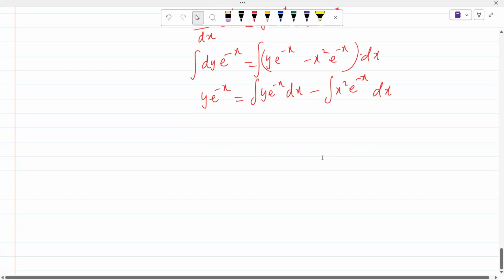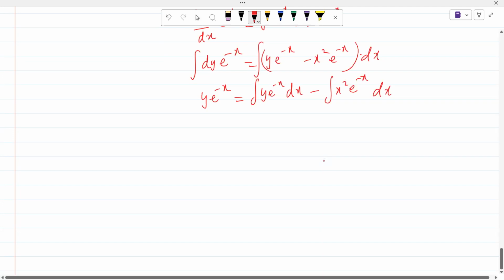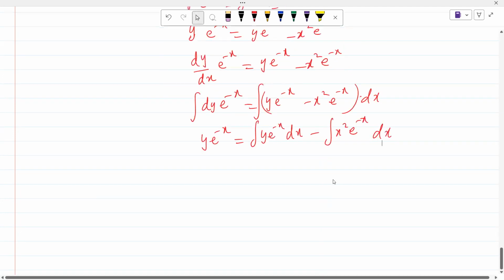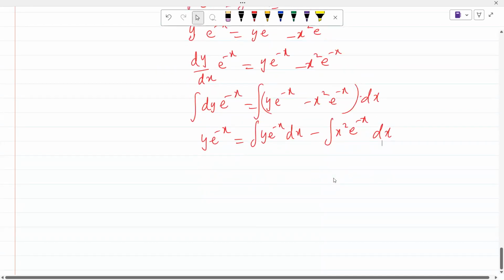So what is this? We're able to see exactly what this is here. At this point, we integrate.